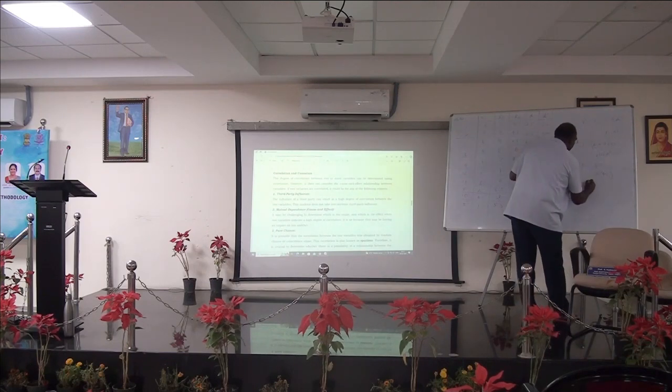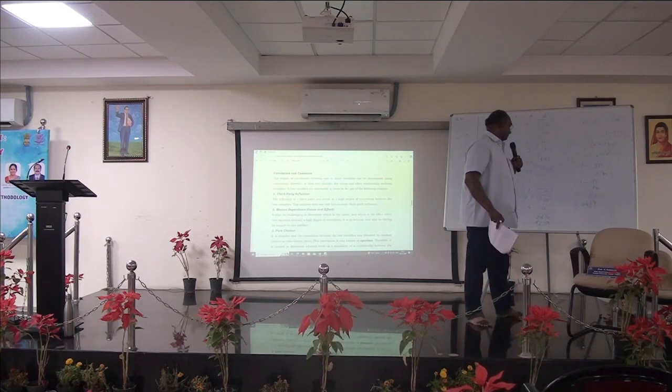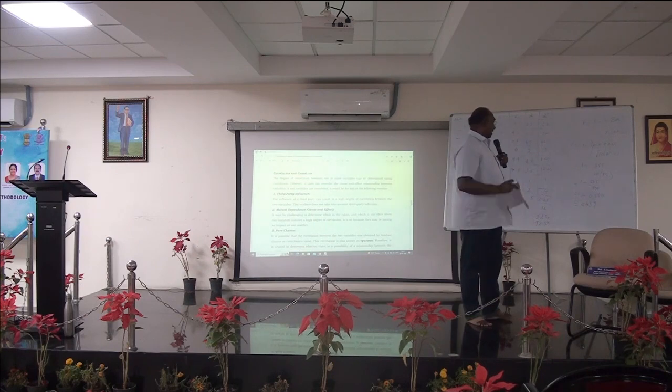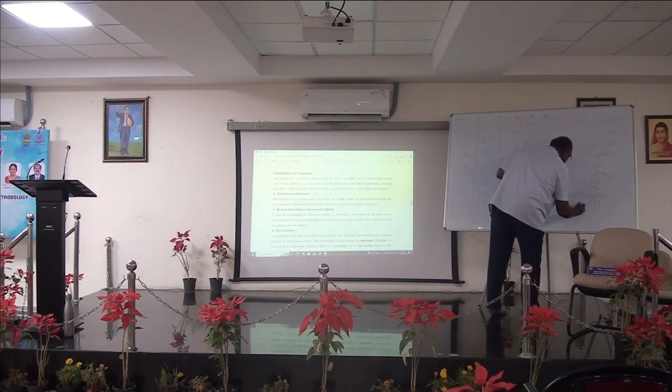So 1 minus 555 divided by 990. 1 minus 0.560, so it is 0.439. 0.439 is the calculated R value with the rank order method.